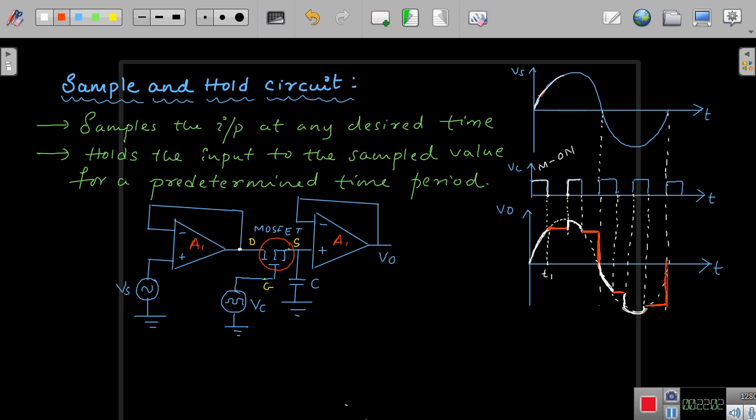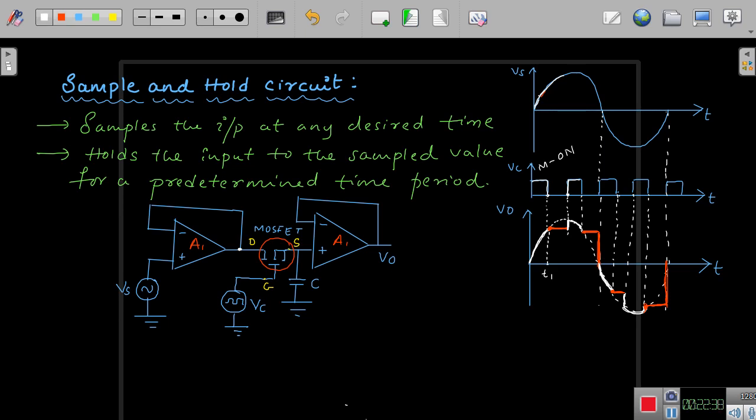From this diagram, you can see where exactly you have the input as it is. When M is on, your output will follow the input, the white lines. But once M is off, you can see the red lines, where your output will be held to the previously sampled value, either here or at this instant or at this instant, till the next sampling time comes into picture.